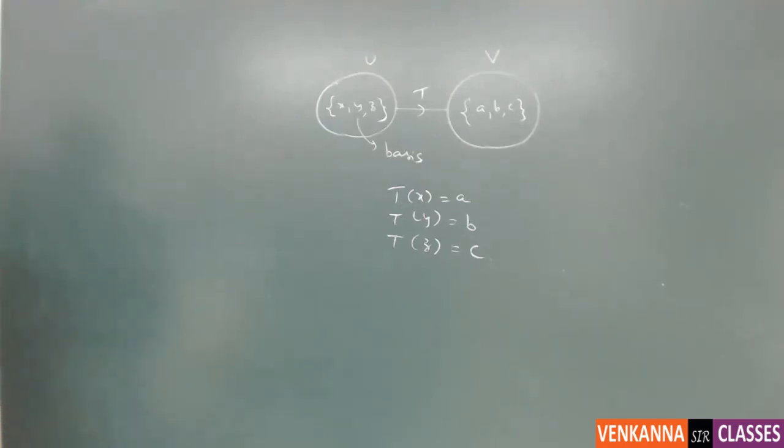That is the checking condition to define the transformation. So the transformation changes the basis values to other values in the codomain. That's all. Did you get the logic there? What I stated?